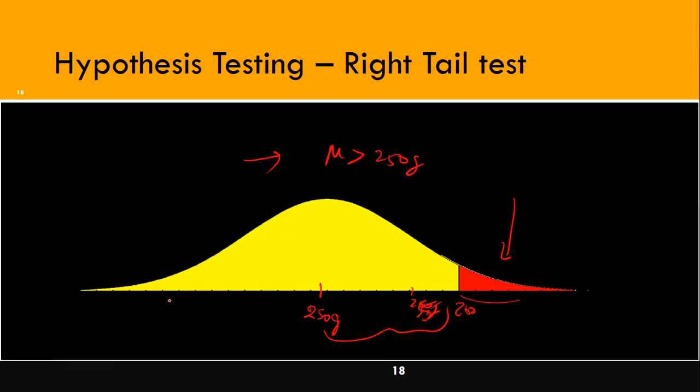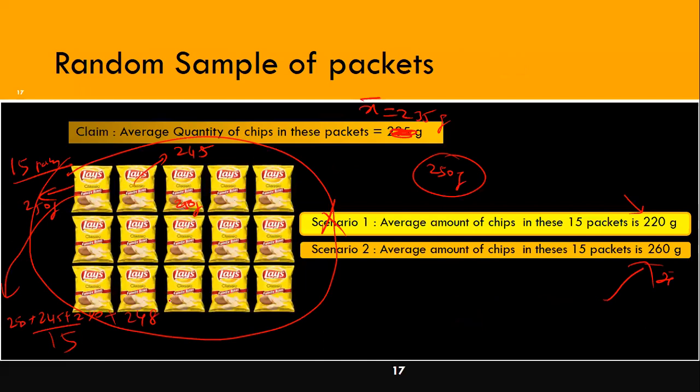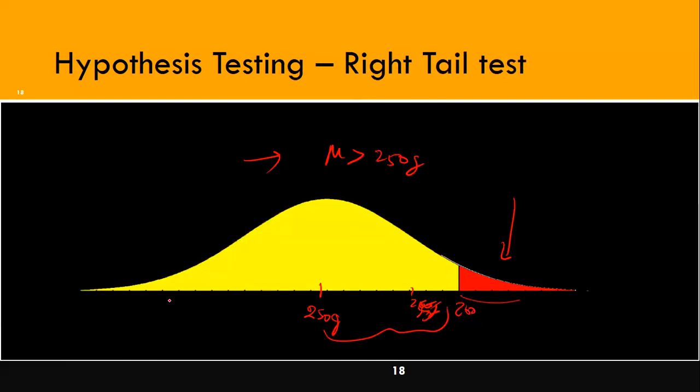And as a customer, you are very particular about less than. So give me some example for right tail test. When are you going to have a concern that your thing is more than the stated one? Give me a scenario.